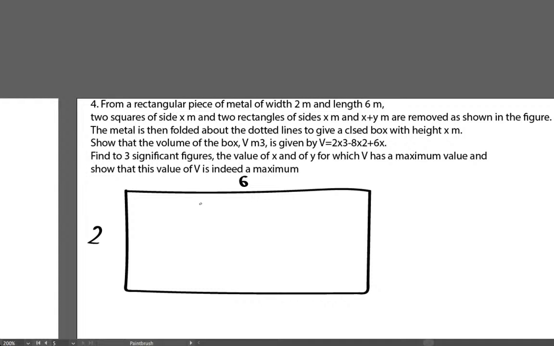Then there's this small portion here of x by x, and another one here, x by x. This would be folded, that's where the dotted line is. And then there's this y.